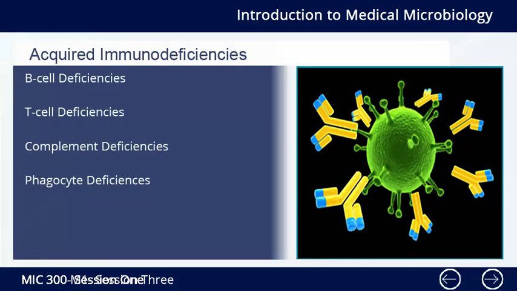Acquired immunodeficiencies. B cell deficiency can be differentiated in two. Firstly, common variable hypogammaglobulinemia, and secondly, malnutrition. T cell deficiency can also be in two forms. Firstly, acquired immunodeficiency syndrome.